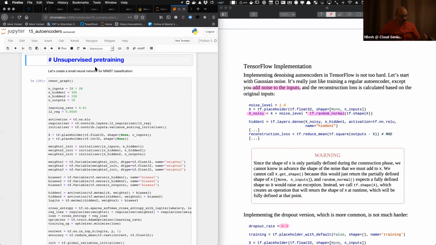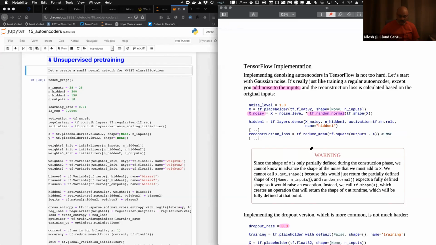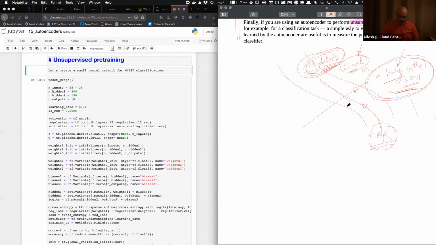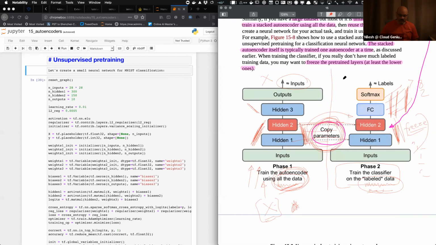So we are going to create a small network for the MNIST dataset. We have the layers that we had in our earlier illustration, something like this. Yeah, this is a good way to think about it. In our example, we have 784, 300, 150, 300, 784 neurons.